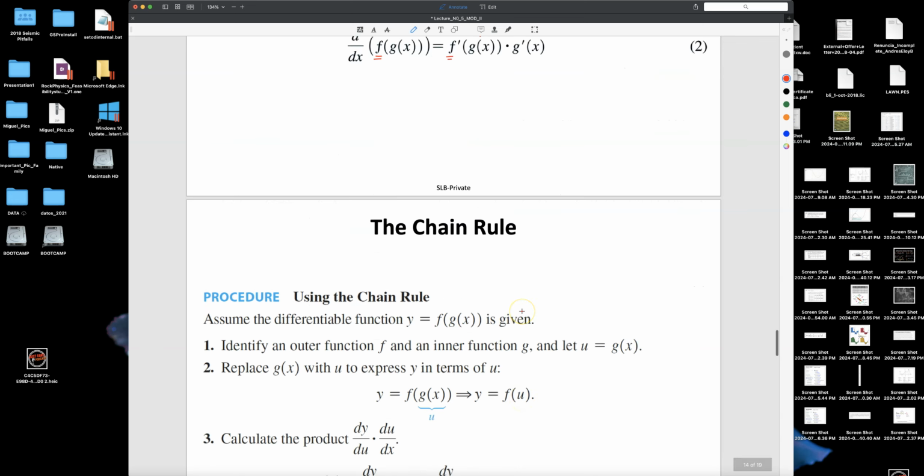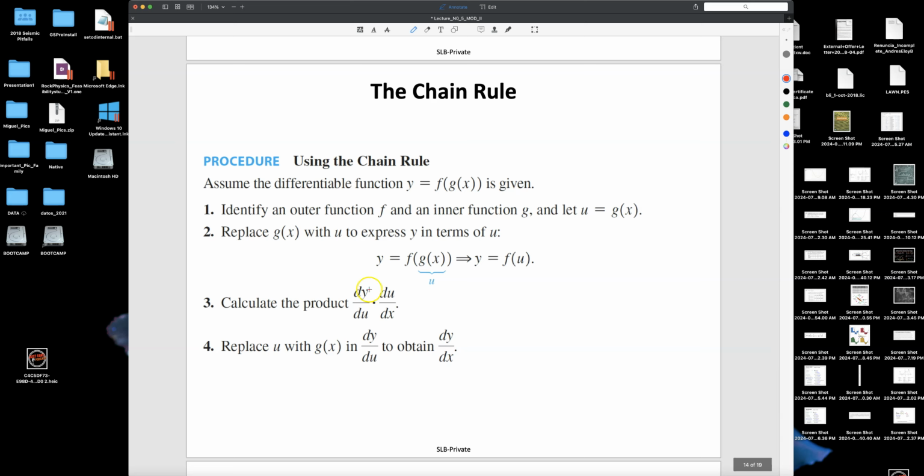Okay? So in here there are so many notations that we use to remember this chain rule, but I don't want to introduce so many notations because you're going to get confused. I think it's better to do one exercise in order to understand what we are doing.